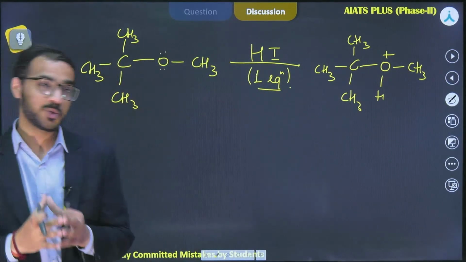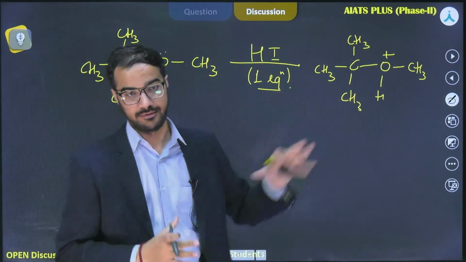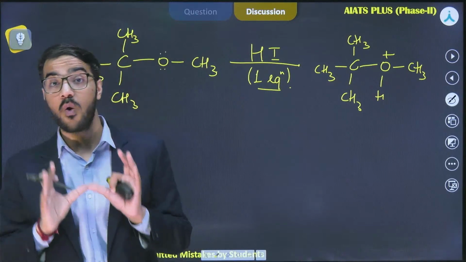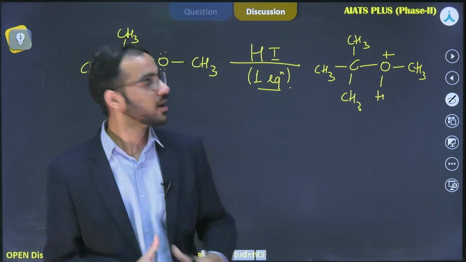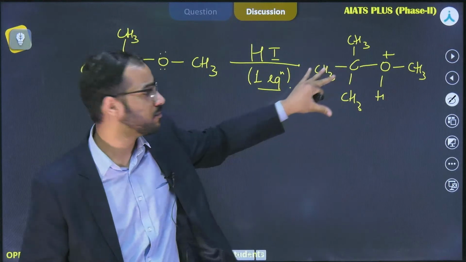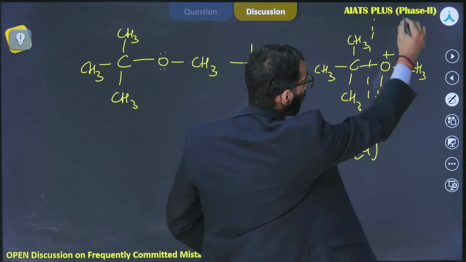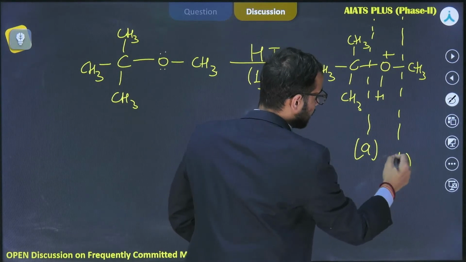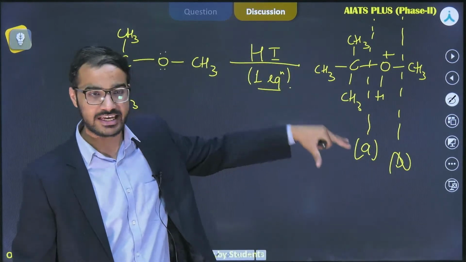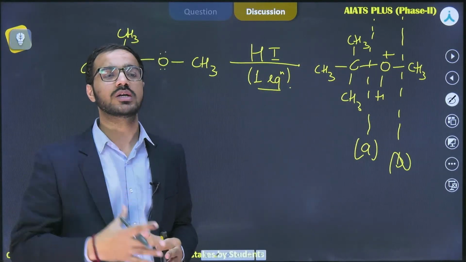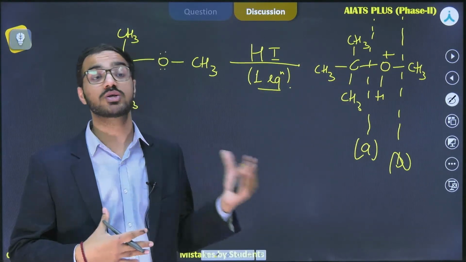Now, there will be two cases. Either this will cleave or directly the SN2 reaction will occur. But we are all aware that the carbocation after the removal of A or B, there are two possible cases from which the ether is cleaved. Now try to understand which bond is cleaved and which is not.